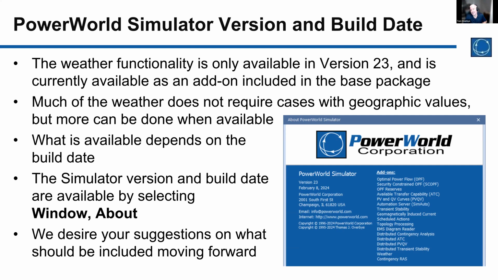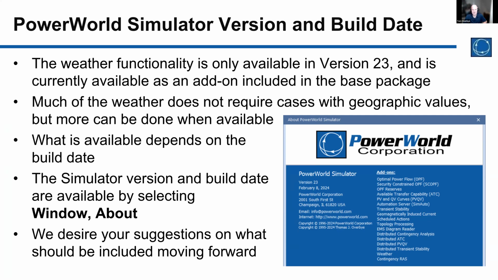I will say a lot of this functionality is new. It is only available in version 23 of PowerWorld, and you actually have to have a more recent version of PowerWorld. So if you have 23, PowerWorld issues patches every once in a while, actually pretty often. If you go to Window About, it will tell you your build date for Simulator in the About box.